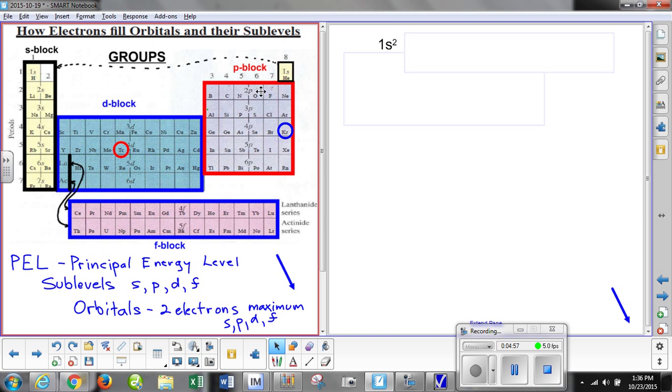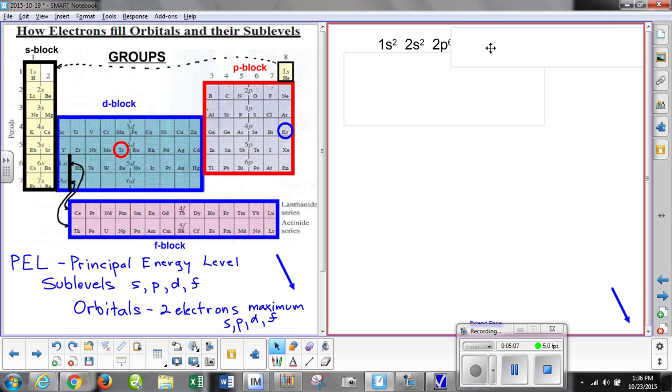Okay, how many will there be in the 2p? Watch, folks, this is where you're going to learn how to use this chart. How many in the 2p? Yes, 6. So 2p has 6. And how many would be in the 2s? 2. Good. I'm sorry, from 2s we have to go to the 2p.